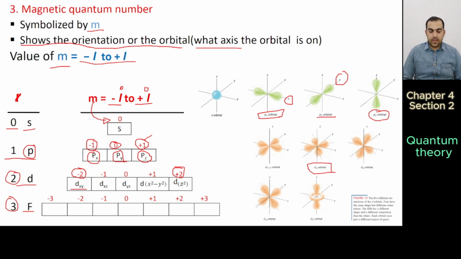We give it minus 2 as its magnetic quantum number; m equals minus 2. For the next orbital, which spins on the y and z axes, the magnetic quantum number equals minus 1, and so on.